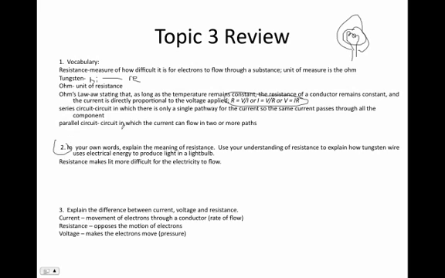Number 2, in your own words, explain the meaning of resistance. Resistance makes it difficult for the electrons to flow, so something with a high resistance means that it's blocking or slowing down the flow of electrons.